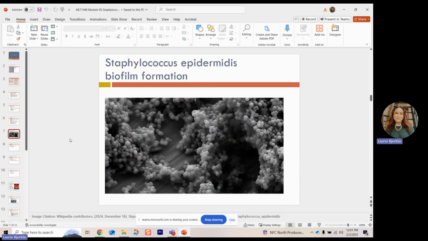I have a nice example of a really good electron microscope 3D image view of a biofilm formation. It's really interesting. If you ever go online and Google biofilms and look at the images, it's quite crazy where you can find biofilms. Staph epi is not the only bacteria that can form a biofilm. There are lots of organisms capable of biofilm formation.